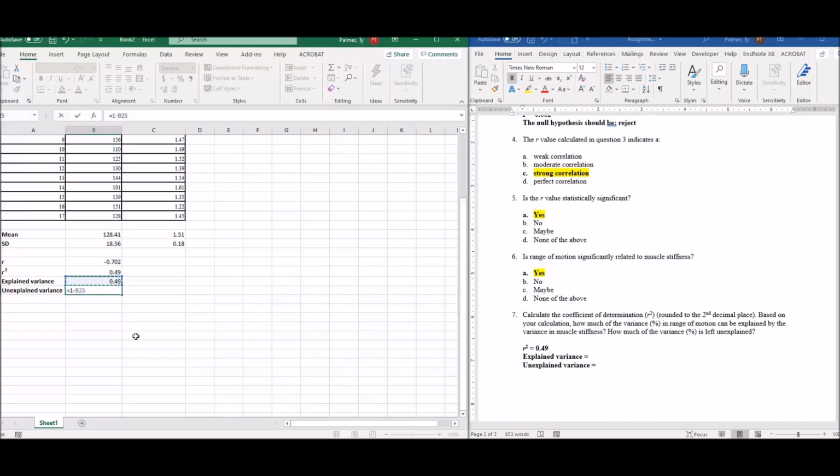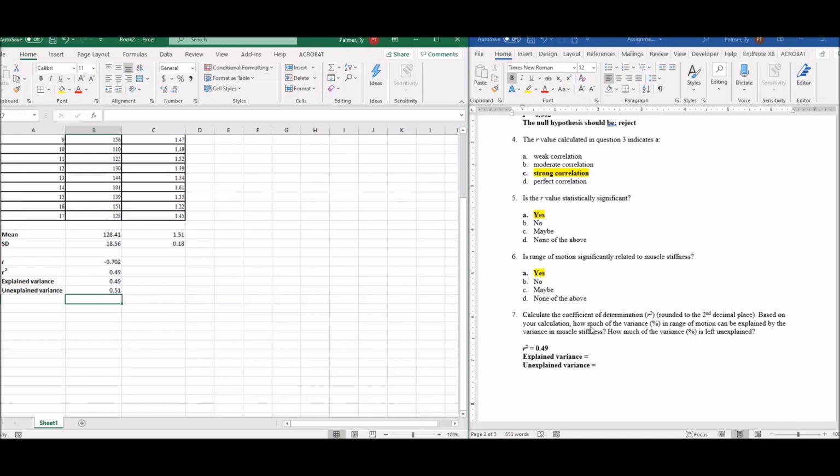So the unexplained variance is just the opposite of the explained variance. To calculate it, all we have to do is go 1 minus the explained variance, or 1 minus the coefficient of determination, 1 minus 0.49. And that gives us 0.51.